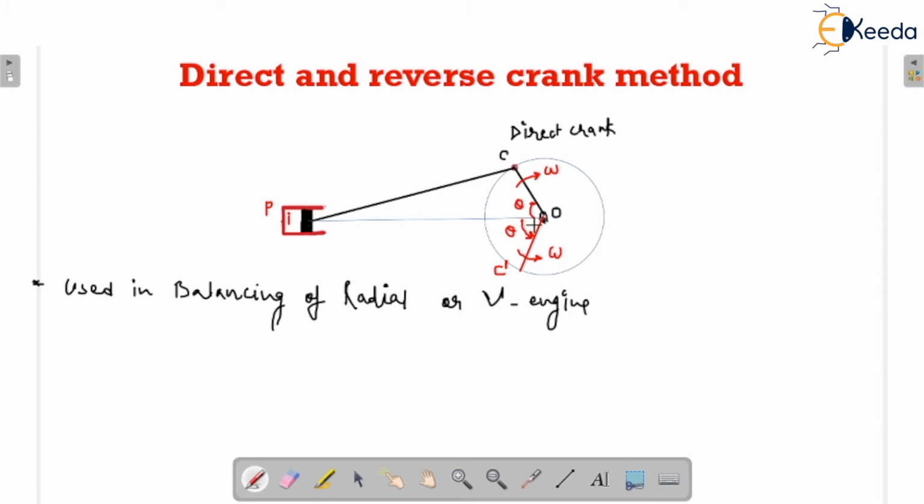This is known as the reverse crank. The difference is that the direct crank rotates clockwise, whereas the reverse crank rotates anti-clockwise, and the angle is also measured anti-clockwise. The magnitude is the same but the direction is different.